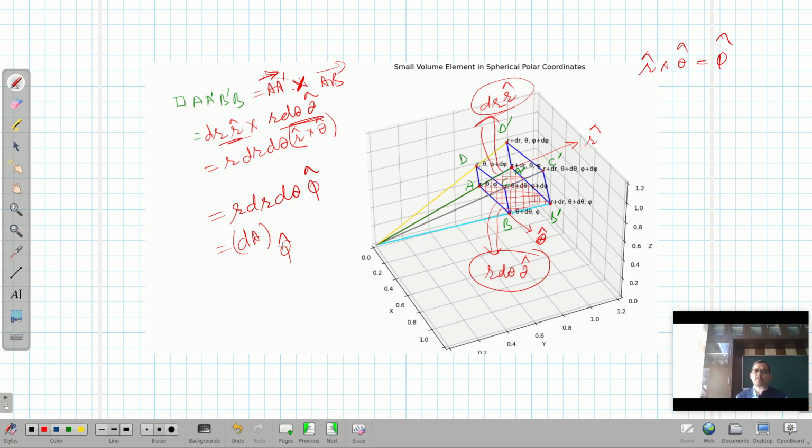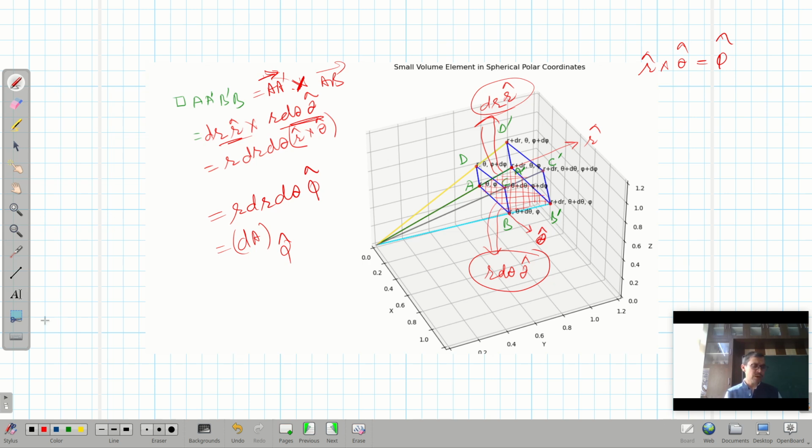Thus we have derived various small area elements along different directions. Now let us try to find out the volume element. Of all these 6 faces, I found the area element for 3 faces, and the area corresponding to the other 3 faces parallel to these remains the same.